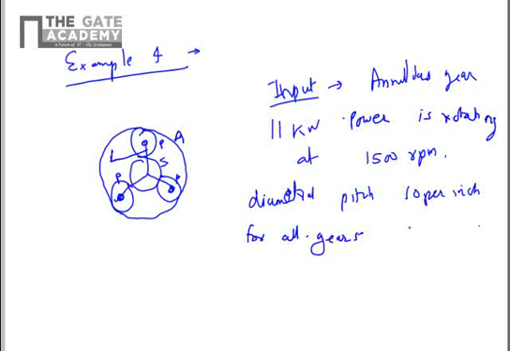Diametral pitch is nothing but, if you recall the definition, the inverse of module. Since module is equal to diameter by teeth, diametral pitch is equal to teeth per unit diameter. That you can understand from the units here, 10 per inch. So 10 teeth per inch.